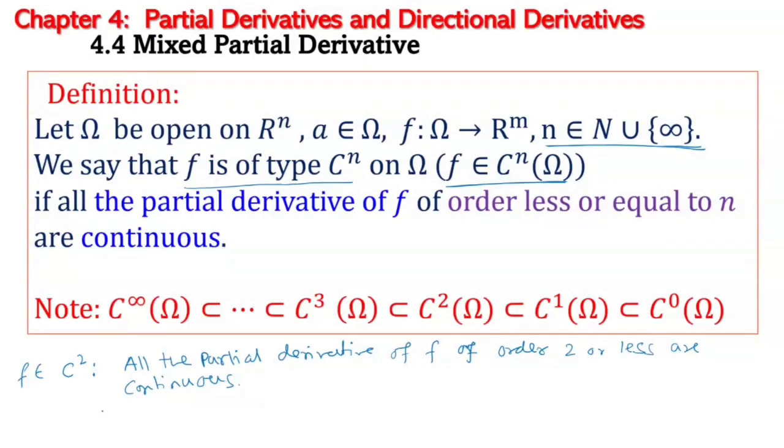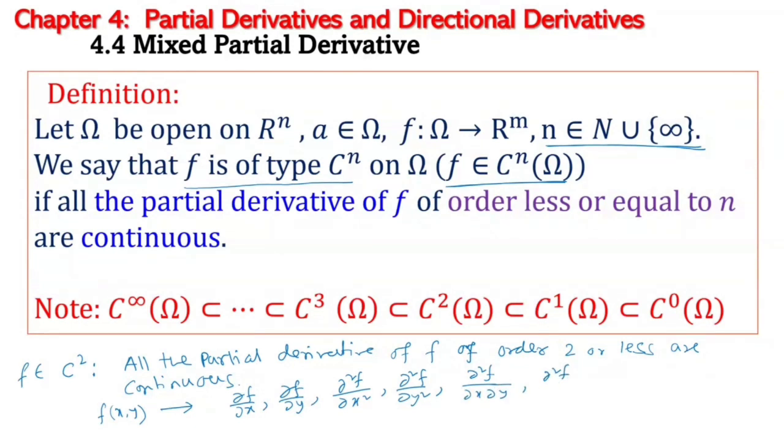Now if f is a two variable function, we will have ∂f/∂x, ∂f/∂y, ∂²f/∂x², the second order partial derivatives, ∂²f/∂y², and ∂²f/∂x∂y, ∂²f/∂y∂x. All these should be continuous. Then we can say f belongs to C².